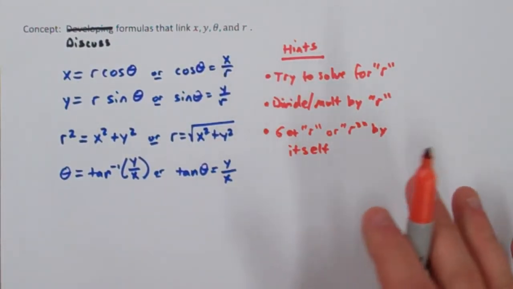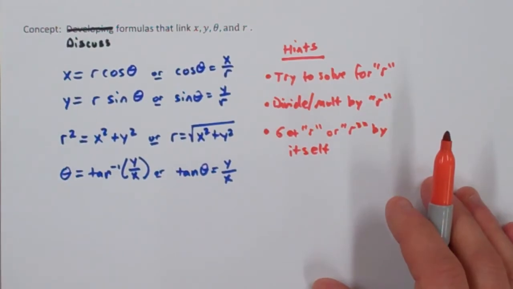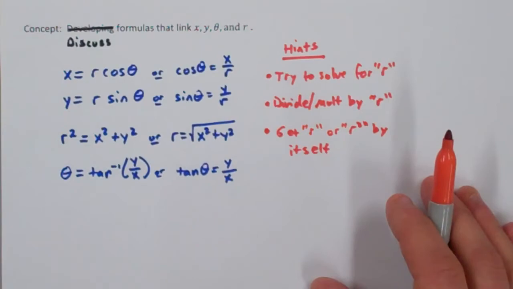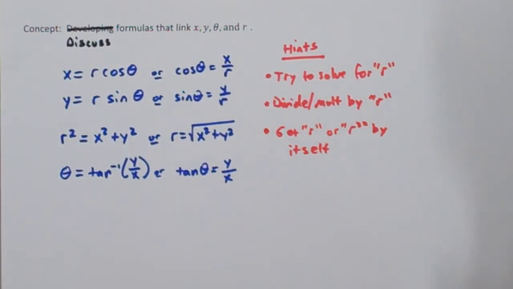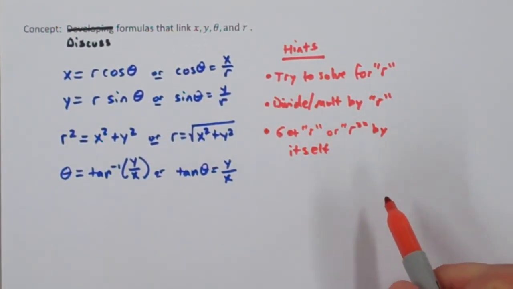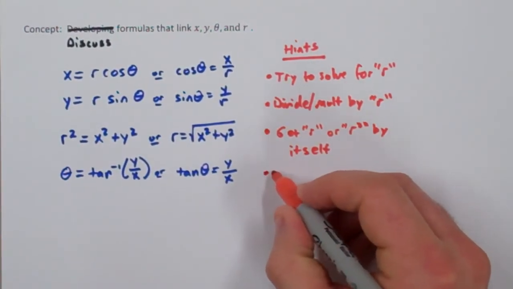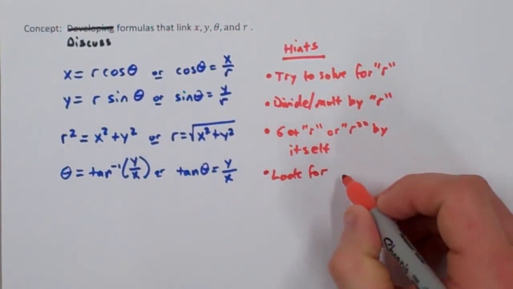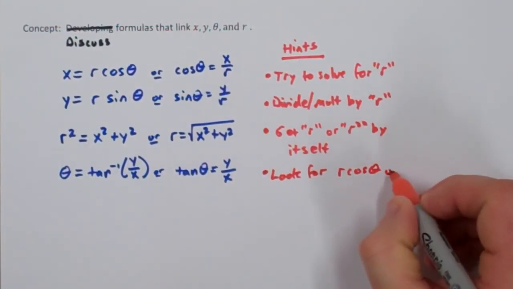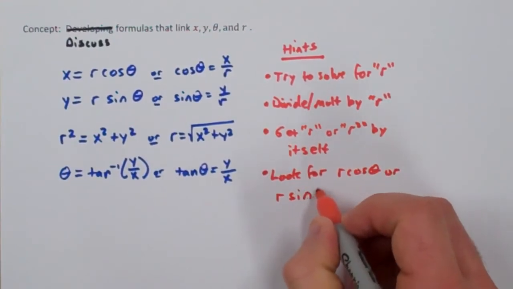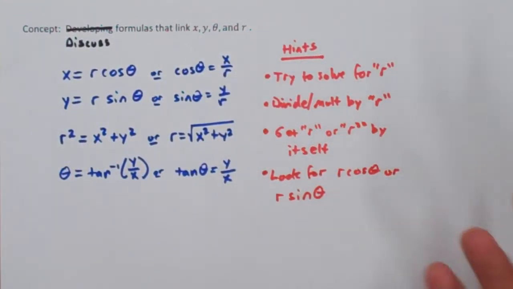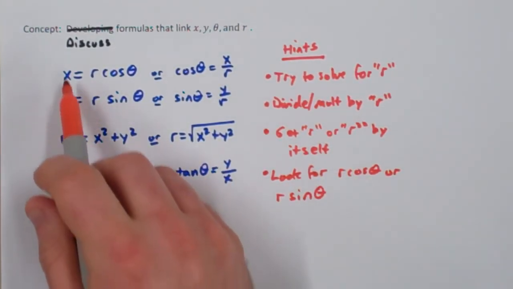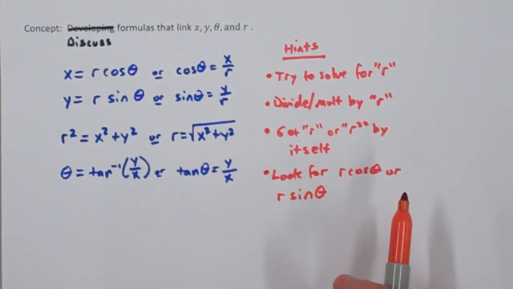R squared wouldn't be by itself on one side of the equation, but at least it's isolated and separated. It's its own term, I guess is what I mean to say. So you can try that. And you can also look for r cosine theta or look for r sine theta. Those are easy ones. So we can take something that seems pretty complicated like r sine theta or r cosine theta and change it out for x or y.